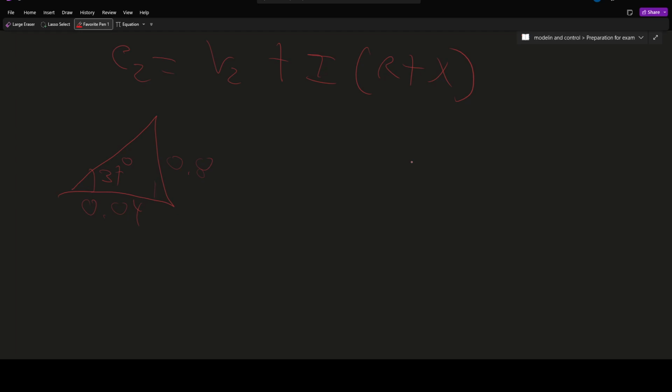This is a rectangular angle. So if we want R, we need to multiply 0.04 times cosine of the angle. And if we want X, we need to multiply 0.8 times sine of the angle.